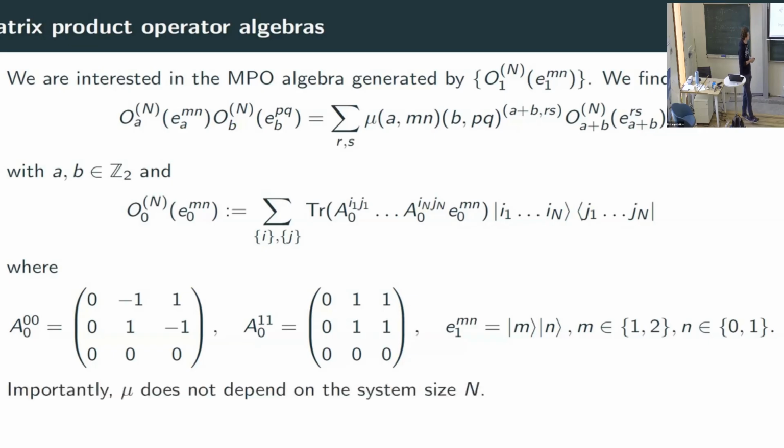Now, what's important here is that this algebra does not depend on the system size, right? I left this n here explicit really to say that this is true for any system size. So for any system size, I will get the same symmetry, and that's kind of special. A generic operator that commutes with the Hamiltonian wouldn't have this property, but the fact that this is independent of the system size is something special, and that means that there's some extra structure here.